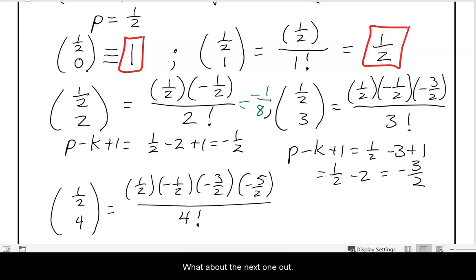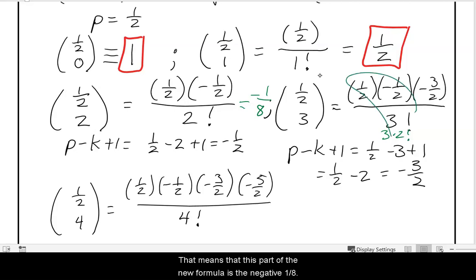What about the next one out? When I look at the next one, notice that these factors are the same, and inside of 3 factorial, there is a 2 factorial. That means that this part of the new formula is the -1/8.